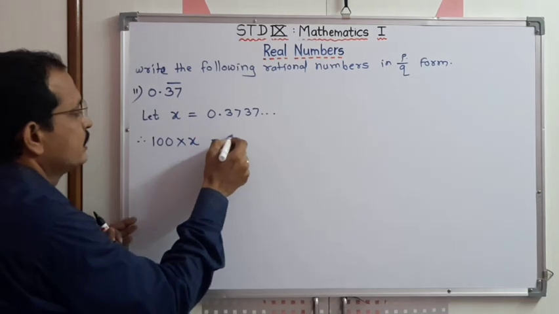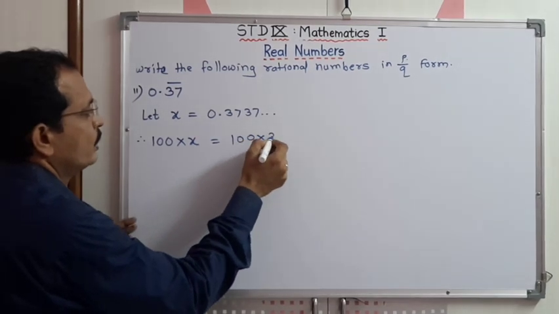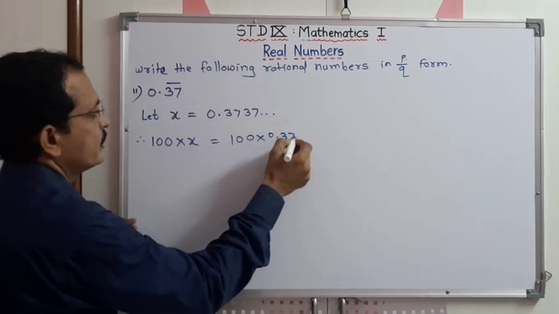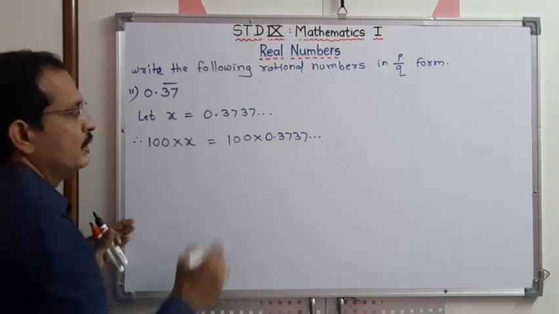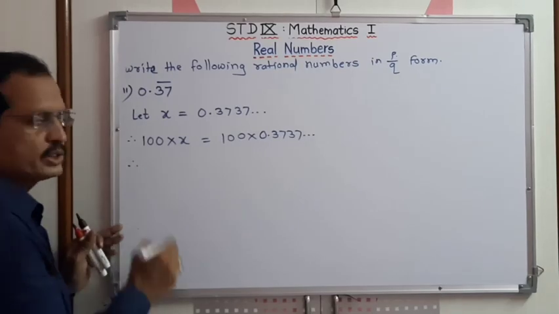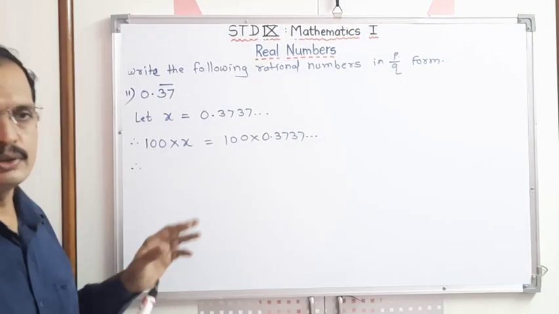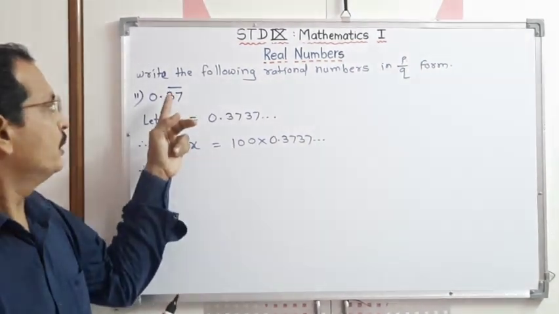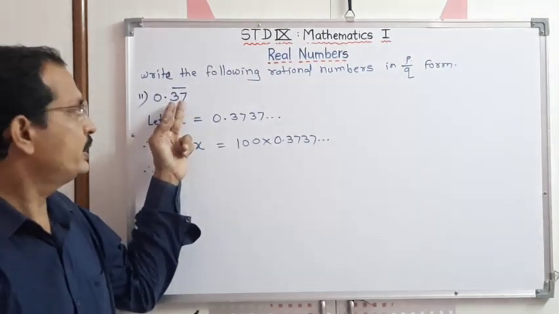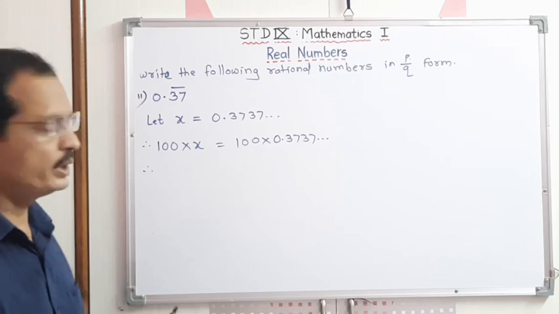100 into x is equal to 100 into 0.3737 and so on. Now do the multiplication. I think everyone understood why I multiplied with 100. That's correct. The recurring is of 2 digits, multiply with 100.